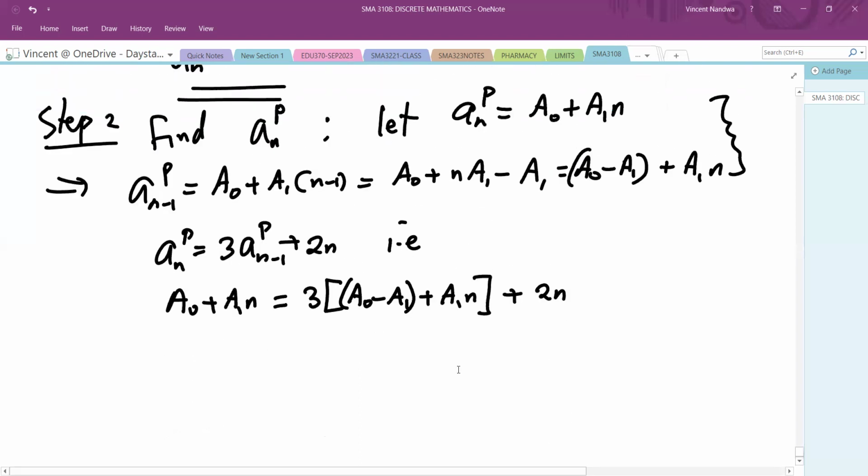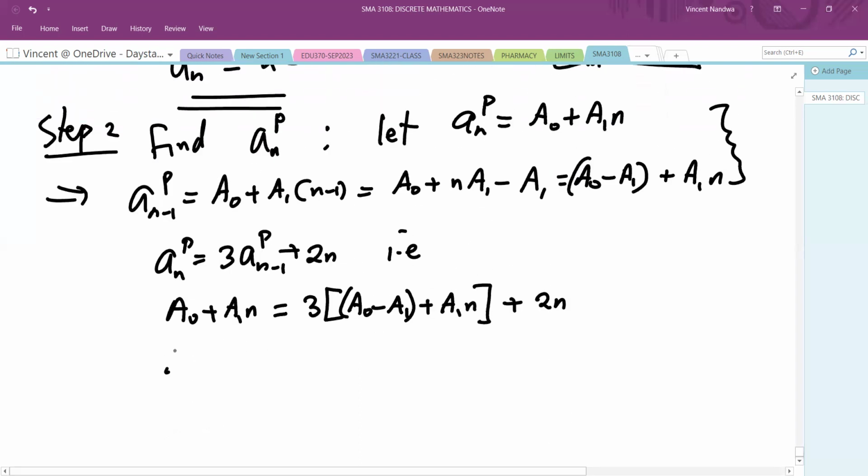So we'll have a0 plus a1n equals 3(a0 minus a1) plus 3a1n plus 2n.